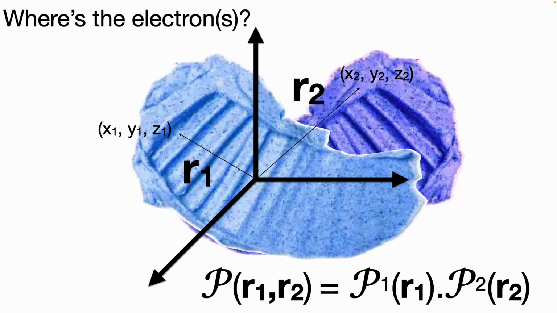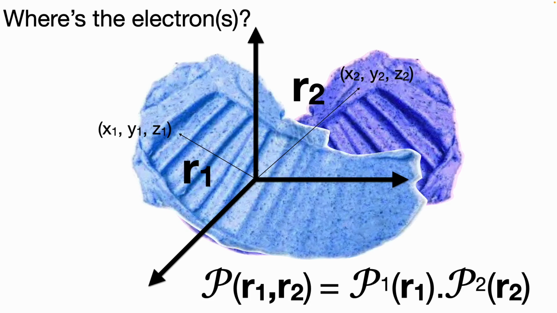So non-interacting means that the movement of the electrons has no effect on each other, meaning that the first electron does not influence the movement of the second electron, and the second electron does not influence the movement of the first electron, which in turn means that electronic movement is independent of each other.